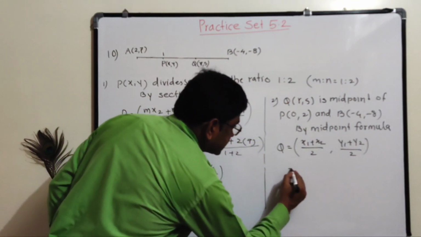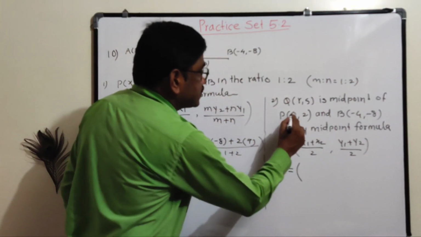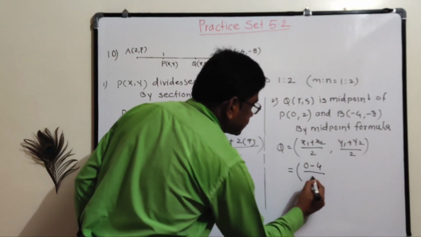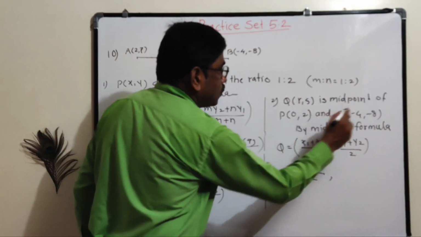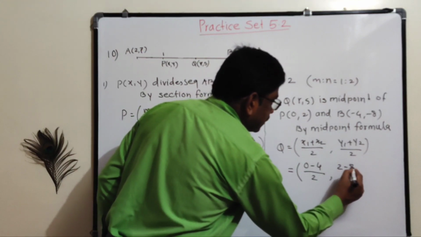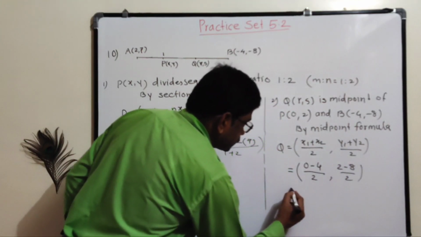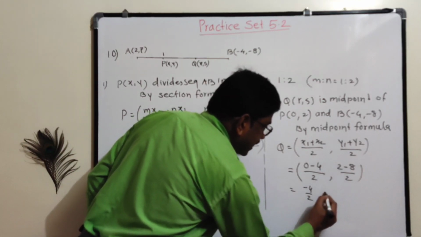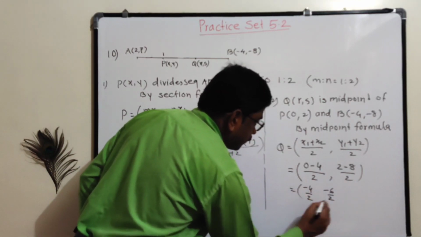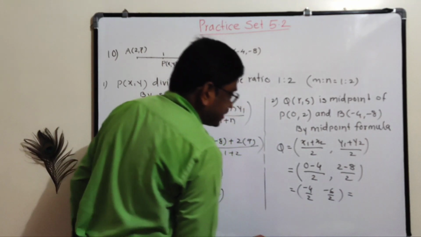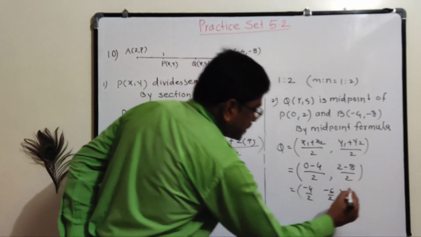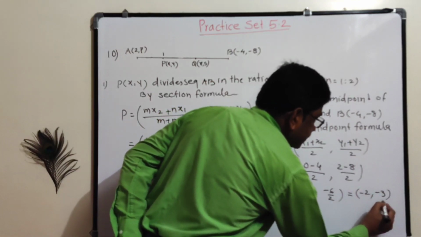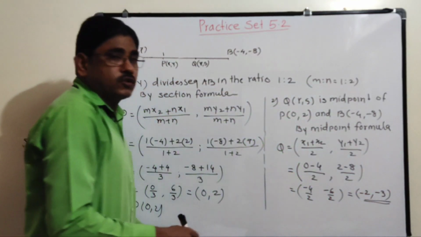So Q is equal to (0 minus 4) divided by 2, (2 minus 8) divided by 2. So here minus 4 by 2 and here minus 6 by 2. After simplification we get minus 2 and minus 3. So the coordinates are (-2, -3).